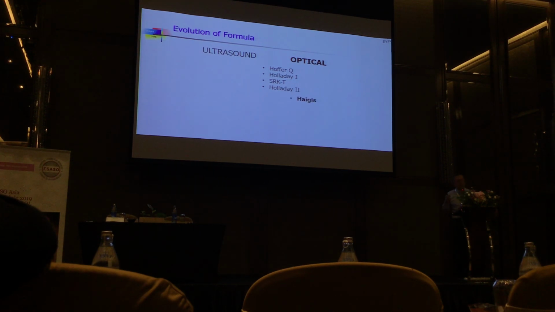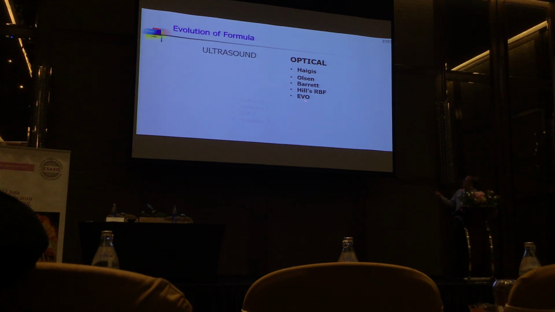So Haigis was the first formula optimized for optical biometer. Subsequently, newer formulas came along. And with the greater precision of optical biometry, I think it is time to move on to these new formulas. How about ultrasound? Can we use these formulas? Well, not so much Haigis, because like I said, constant.